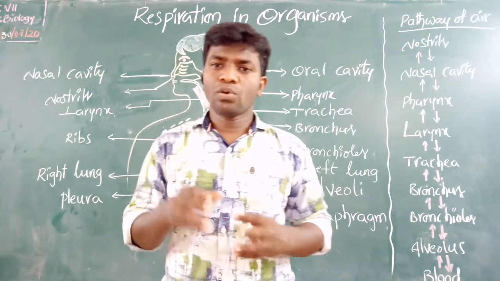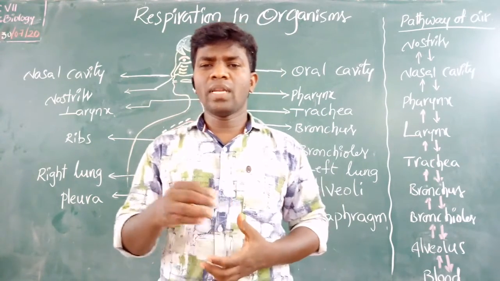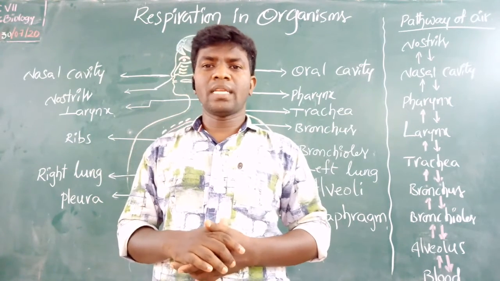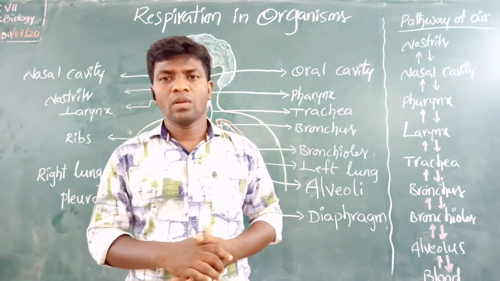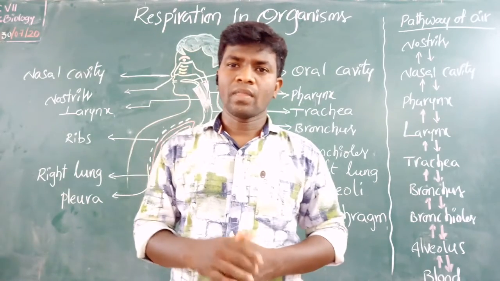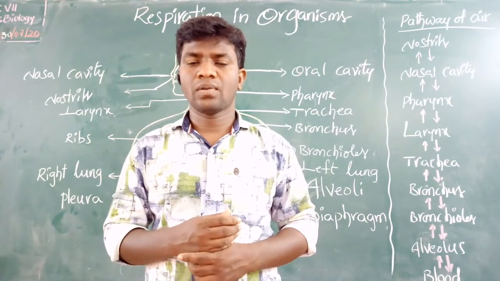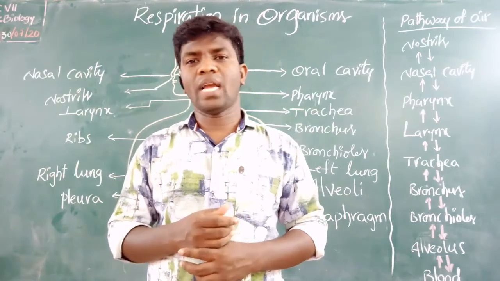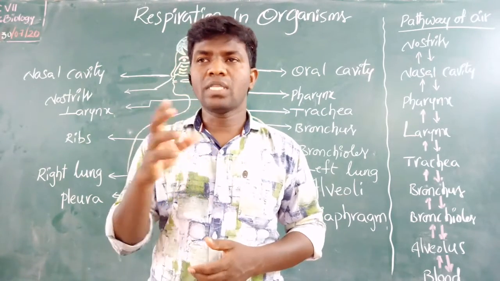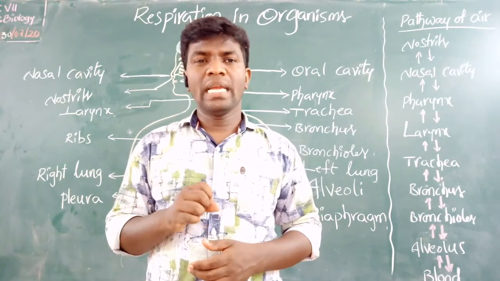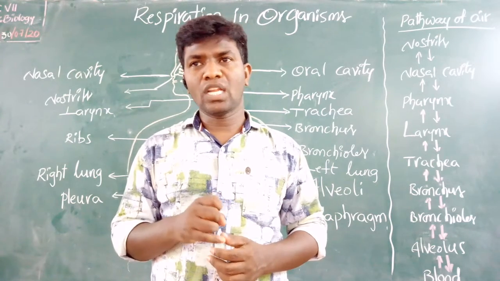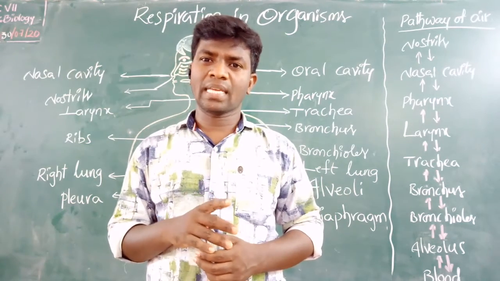In this lesson we will discuss some topics. In our lesson Respiration in Organisms, we are taking air. Air is a mixture of gases: helium, neon, xenon, radon, krypton, nitrogen, oxygen, carbon dioxide.